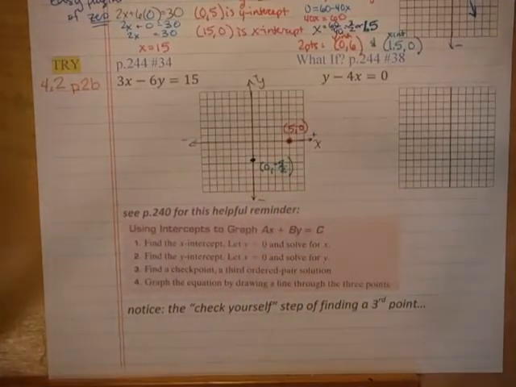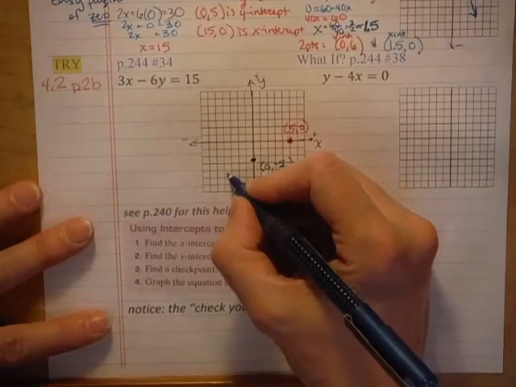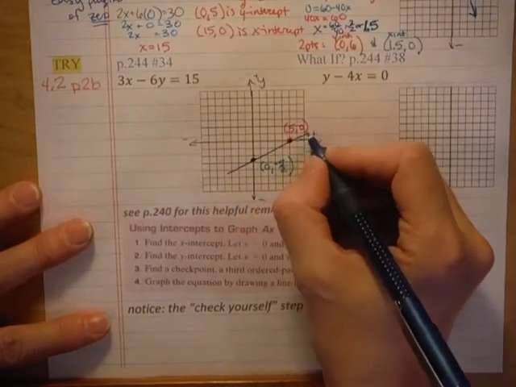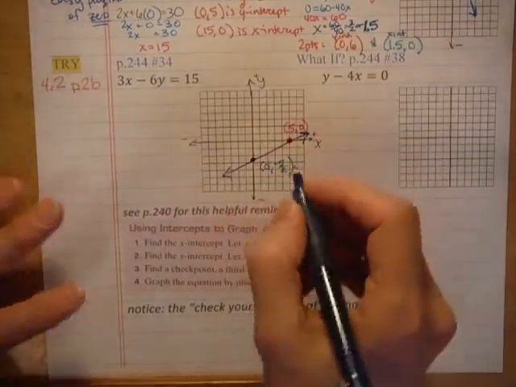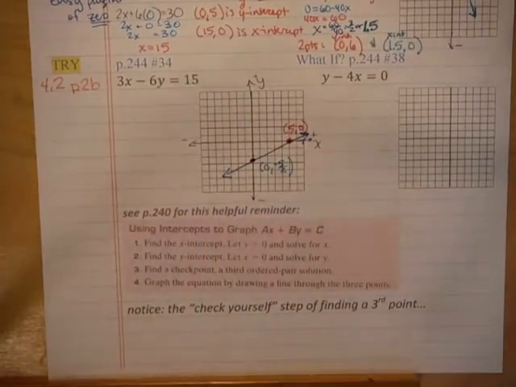So fraction or decimal, whichever works better for you. And then we connect that. So your graph should look something like this. And the arrows are important because we want to show that it continues forever.